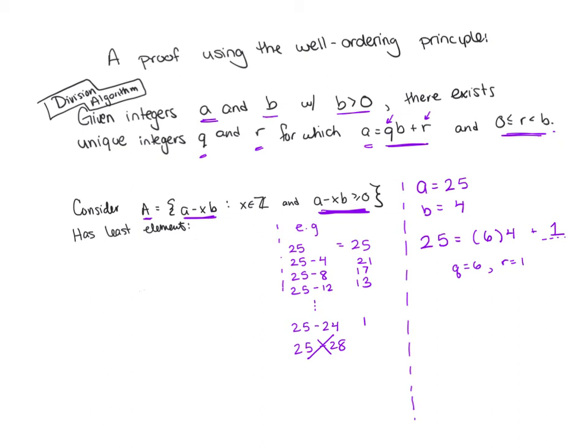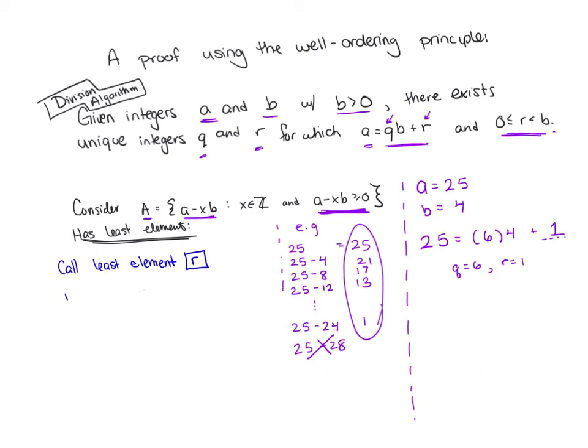And I know that this set is going to be a subset of the natural numbers. So that has a least element by our well ordering principle. So let's call that least element the r.